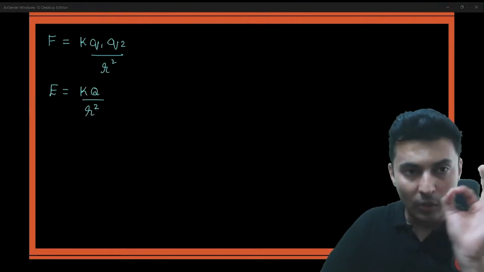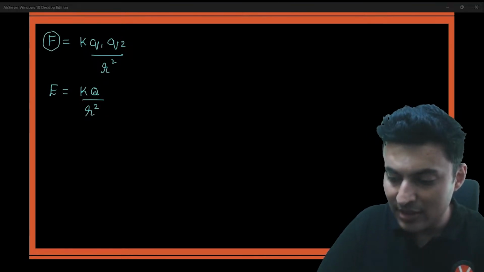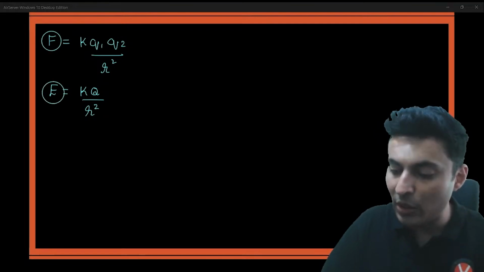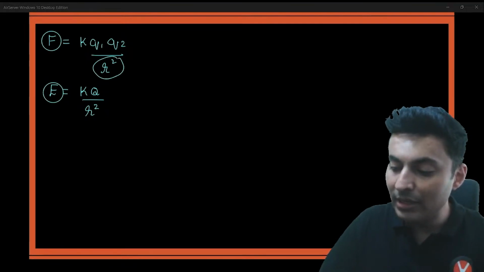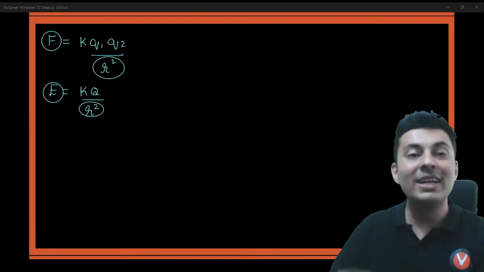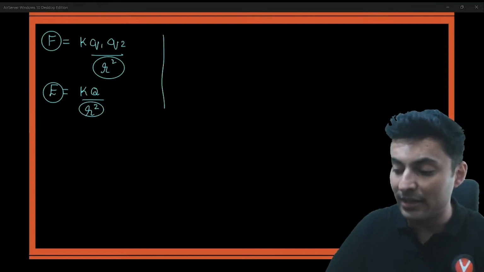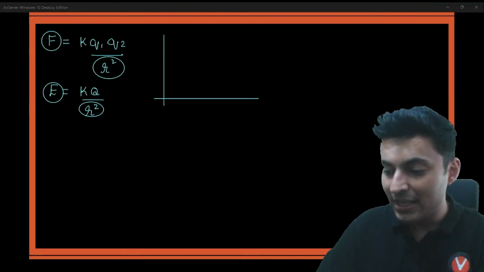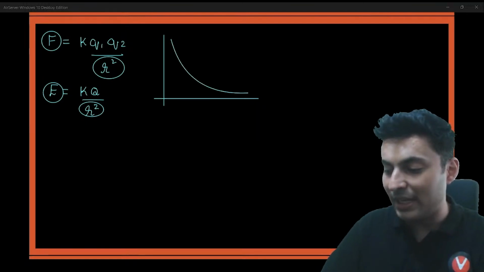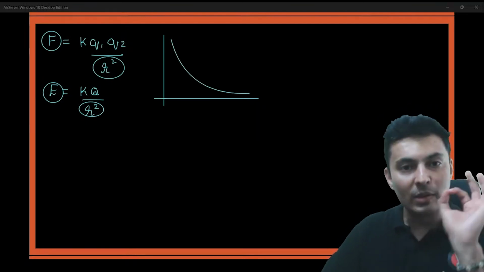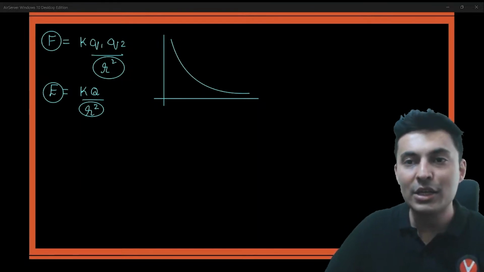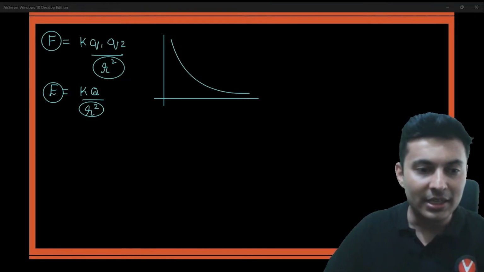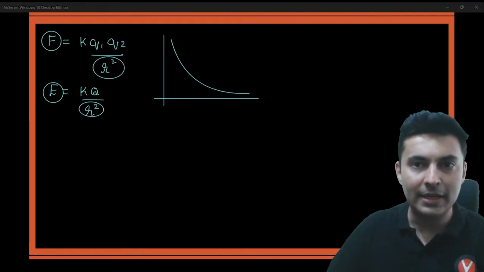If you notice over here, this quantity of force or this quantity of electric field, isn't it inversely proportional to r square? So if it is inversely proportional to r square, my dear warriors, how will the graph look like? Think about it. It will be a curved line, but it will not be a hyperbola. Understood, my dear warriors? Very good. Keep this in mind.